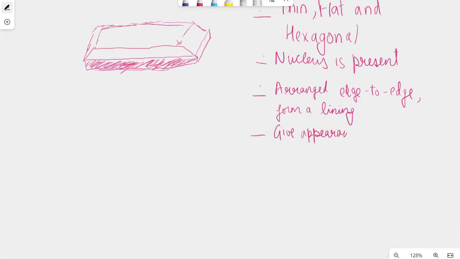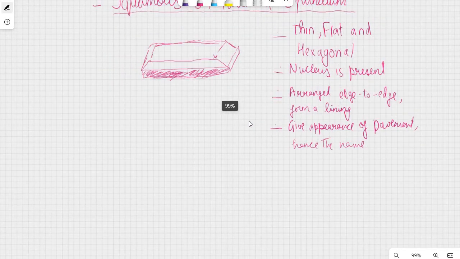They give the appearance of pavement, hence the name. The pavement epithelium name is just for identifying the squamous epithelium in an easier way.